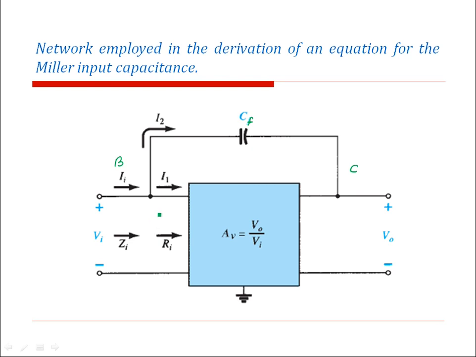Okay, so here you see AV is V0 by Vi and Ri is representing the input resistance, Zi is the input impedance. At this junction, if Ii is the current or a base current, then I1 is the current that is flowing into the network and I2 is the current that is flowing through this feedback capacitor.